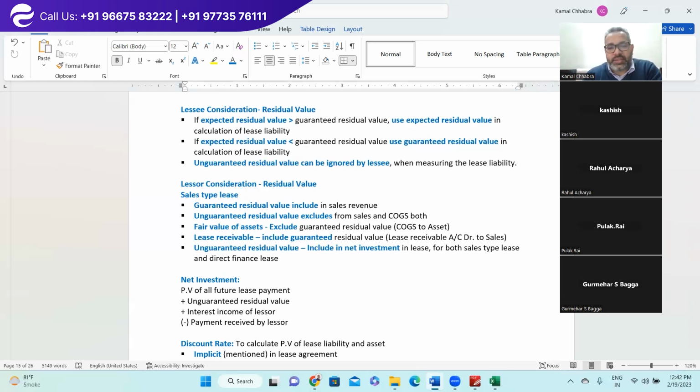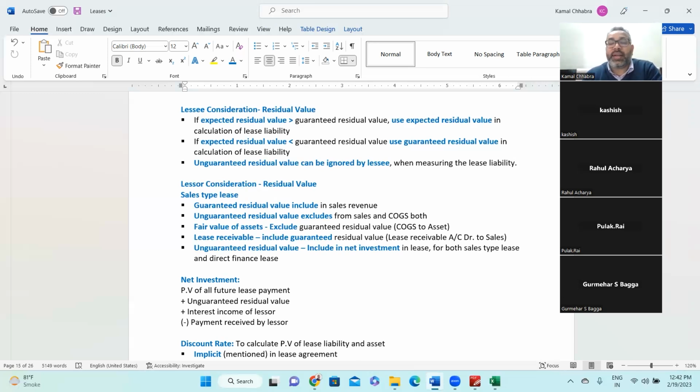Fair value of the asset excludes the guaranteed residual value when you are creating the right to use asset. And the lease receivable includes the guaranteed residual value because it is being assured by the lessee, right? So in the lease receivable, you will be adding it. And unguaranteed residual value is included in the net investment, but not in the lease receivable, right? For both sales type lease and the direct finance lease.